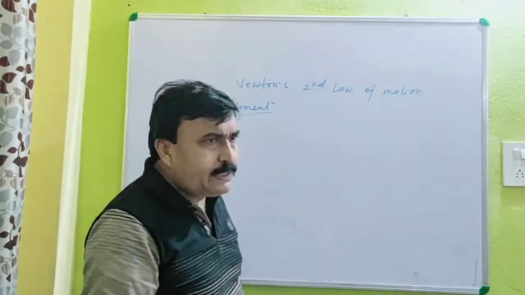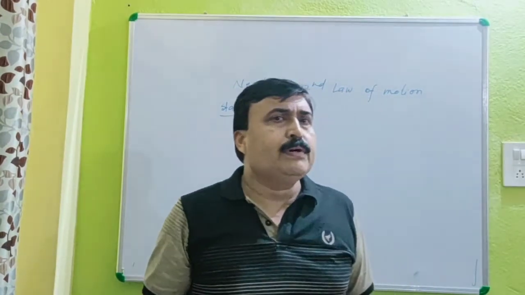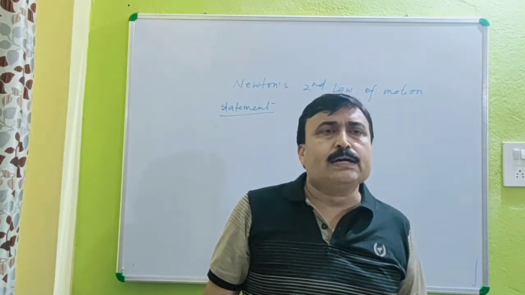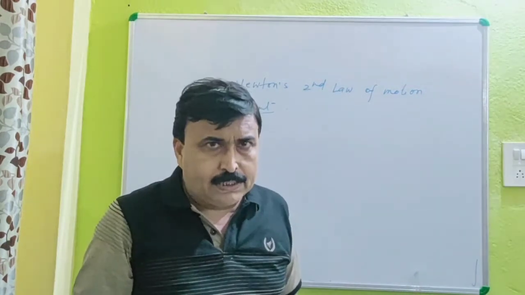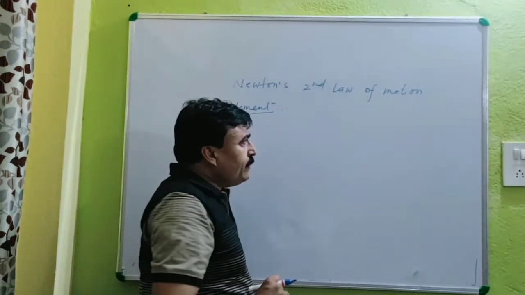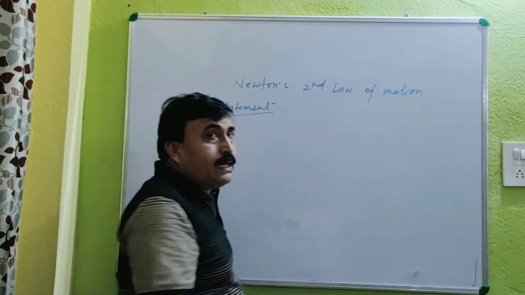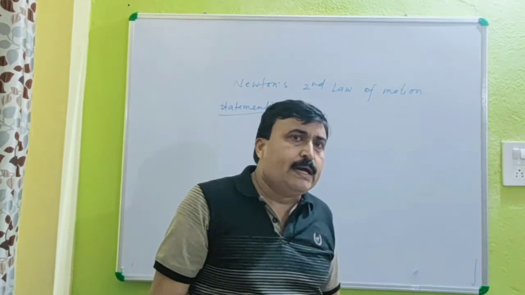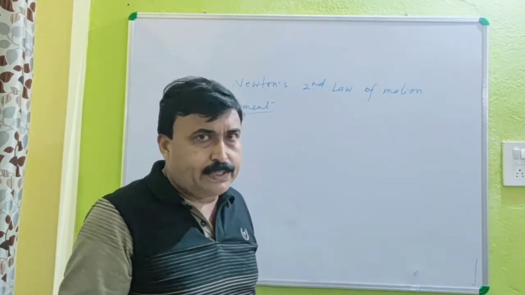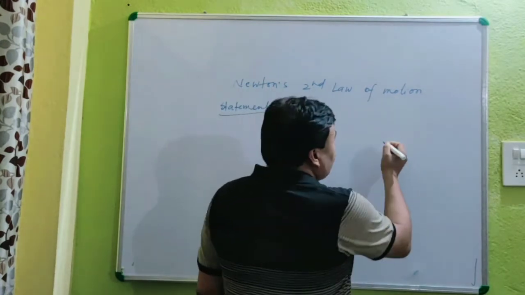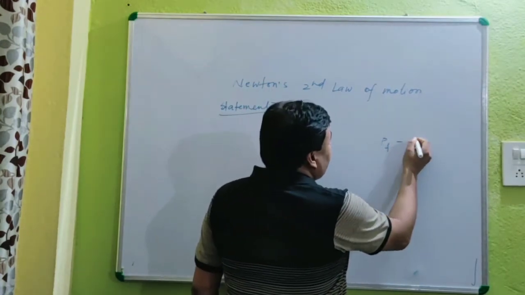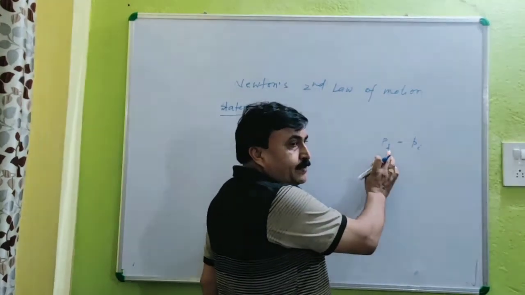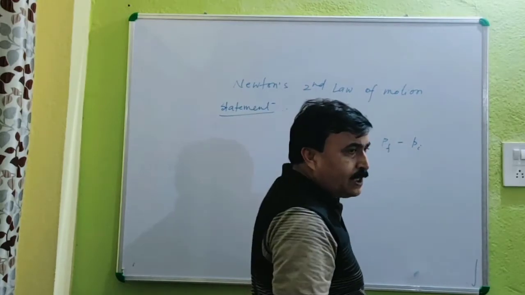The statement of Newton's second law is that the rate of change of linear momentum is directly proportional to the force applied on the body. So first we will learn how to calculate the rate of change of linear momentum. We calculate final momentum minus initial momentum, taking subscript f for final and i for initial.